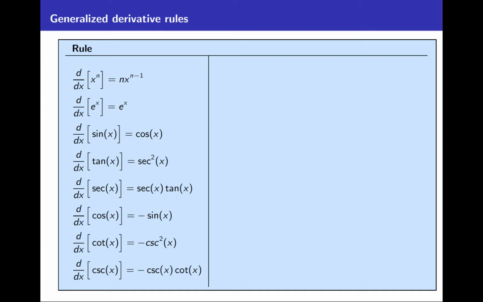We actually have a generalized derivative rule for every one of our derivative rules for specific functions. Here's a list of the rules we have. We've got the power rule. The derivative of e to the x is e to the x. We have derivative rules for all 6 trig functions.